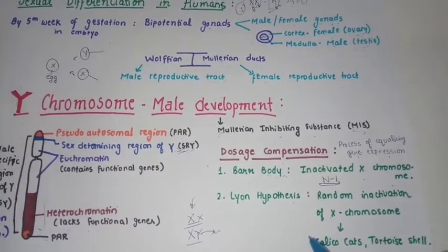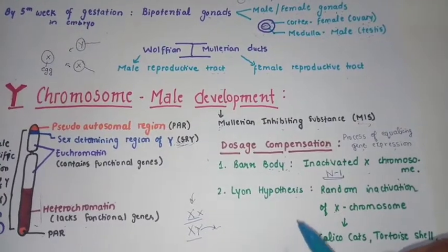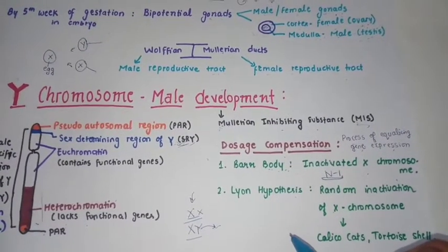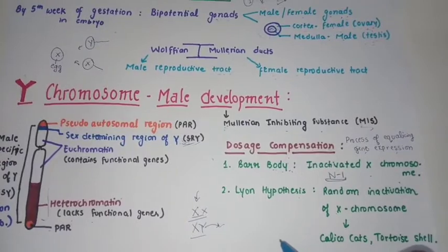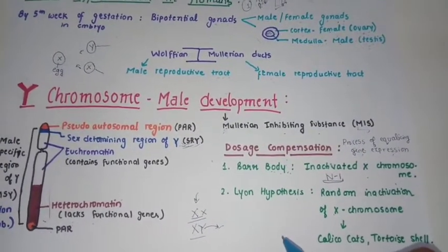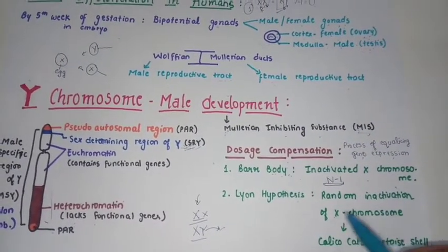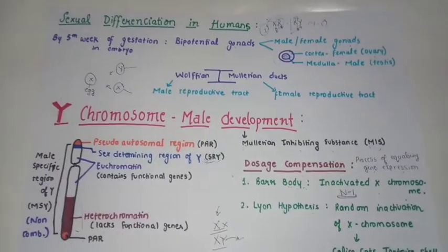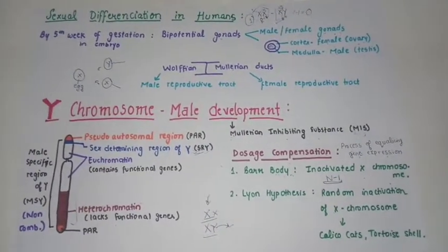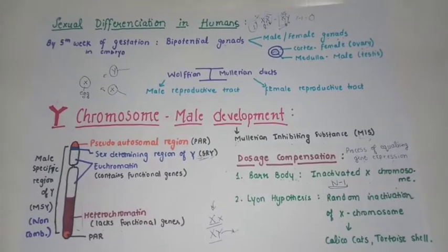They are having their skin with random inactivation of X chromosome, leading to the different color pattern or different coat pattern of color on their skin. So that was all about dosage compensation and sexual differentiation in humans.